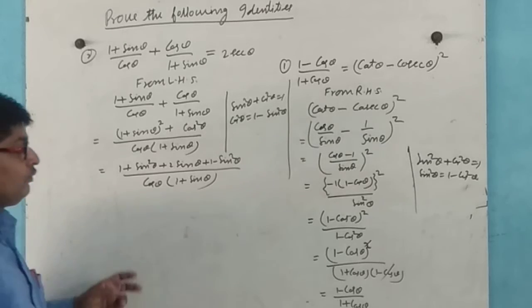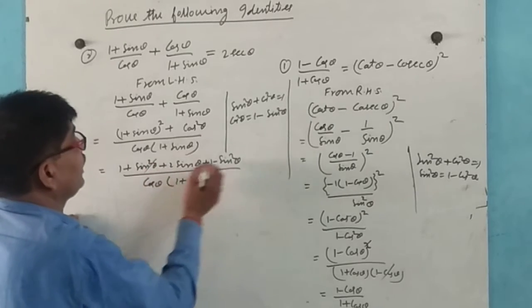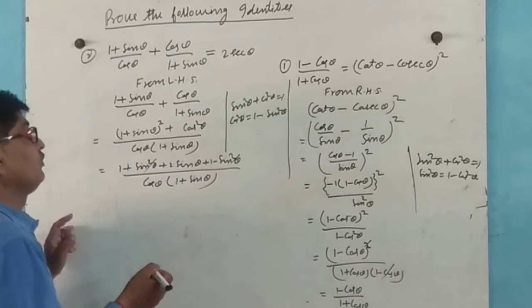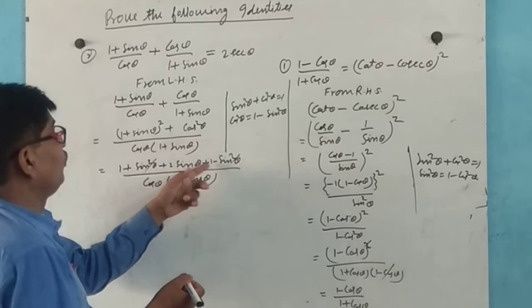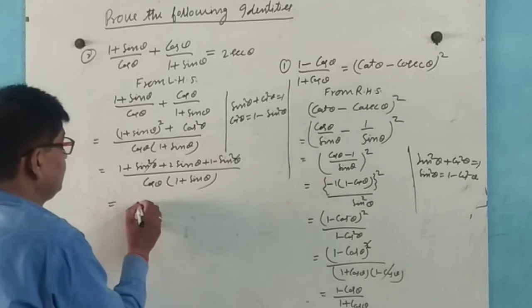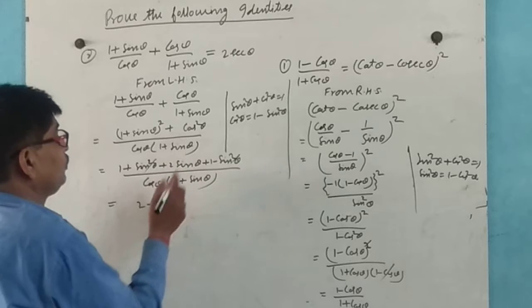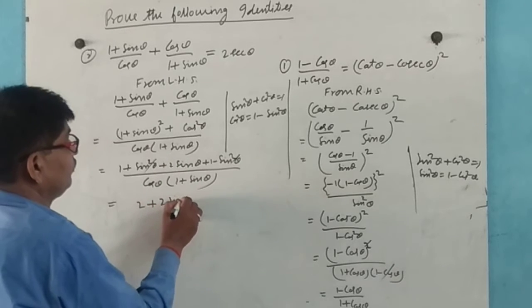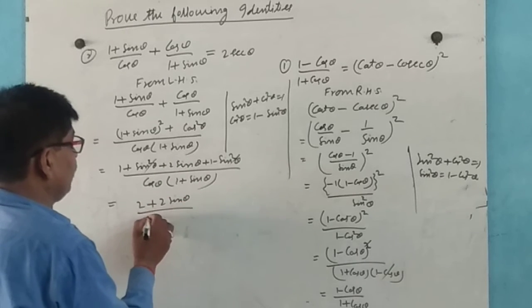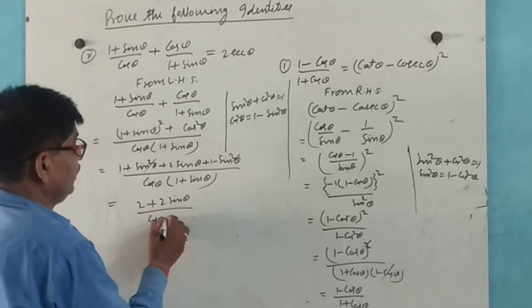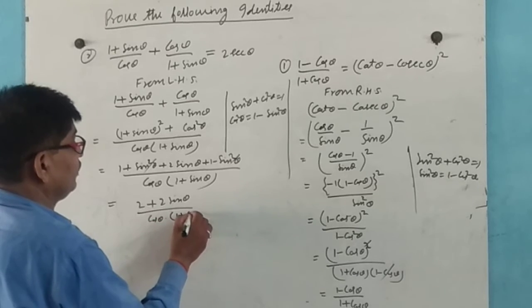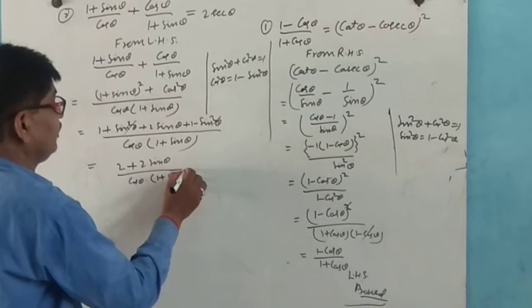Now sin square theta and sin square theta cancel. 1 and 1 make 2, so 2 plus 2 sin theta divided by cos theta into (1 plus sin theta).